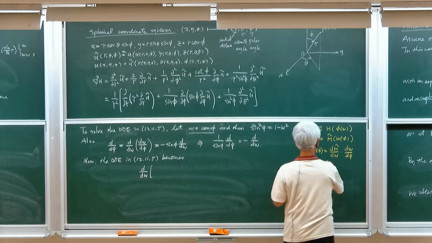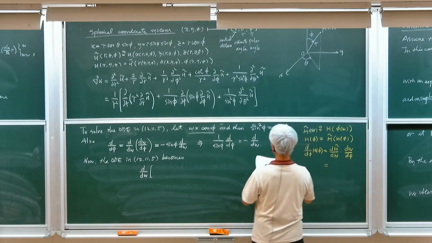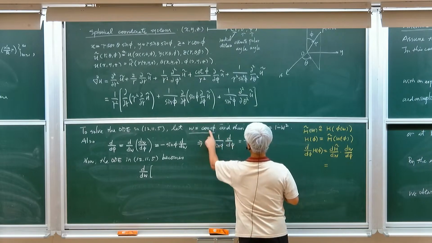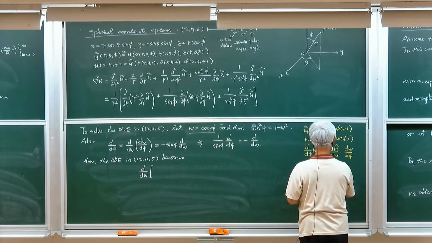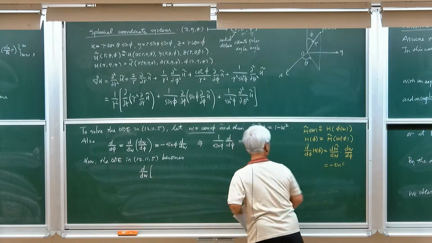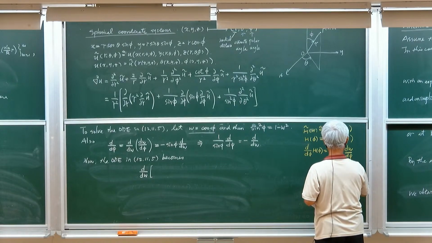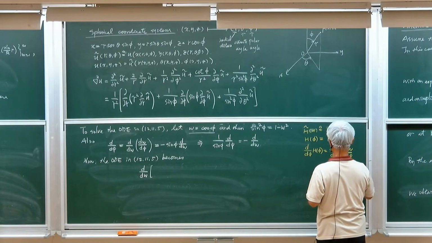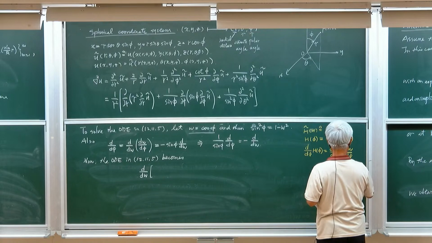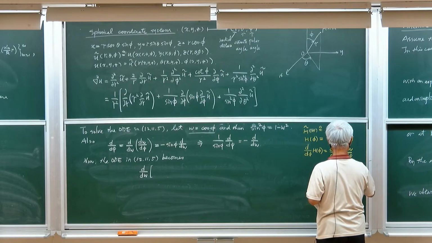Okay, and so the dW over D5, this is minus sine phi. So this is minus sine phi, and dH delta over dW.